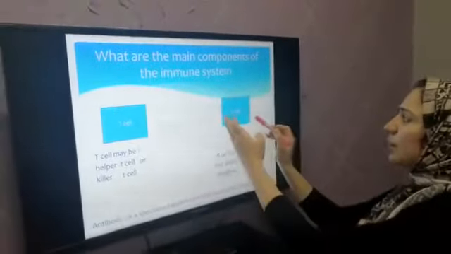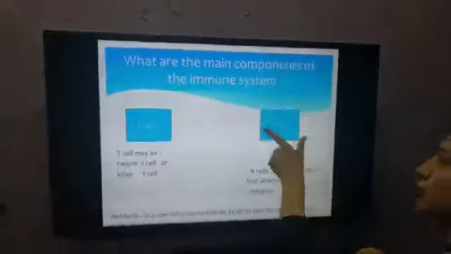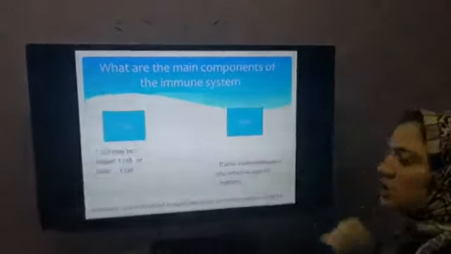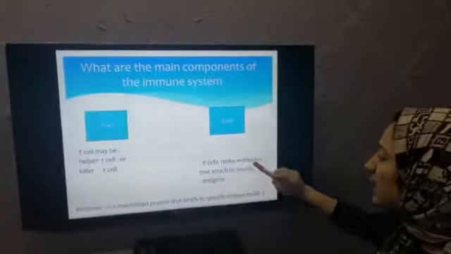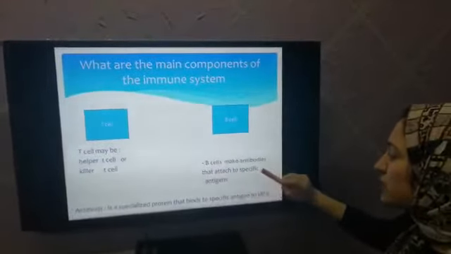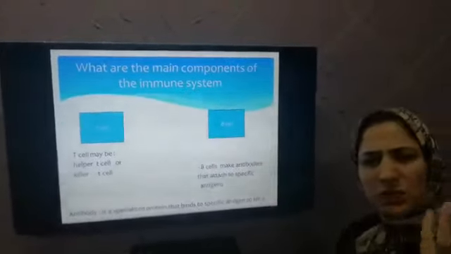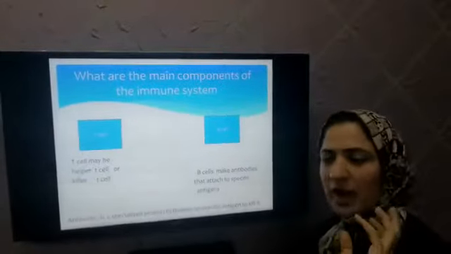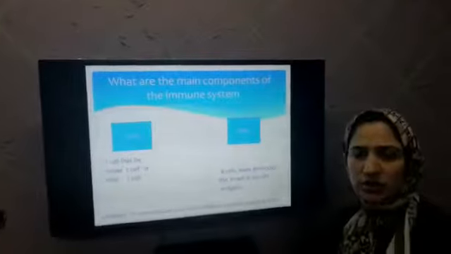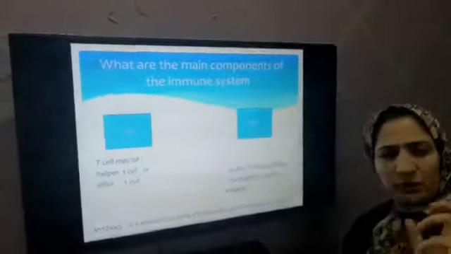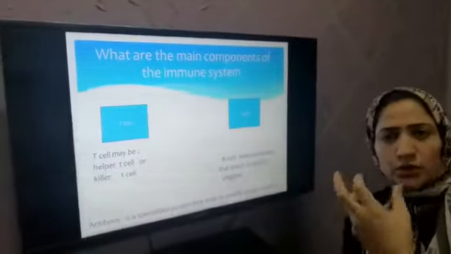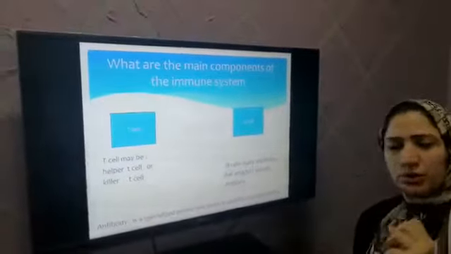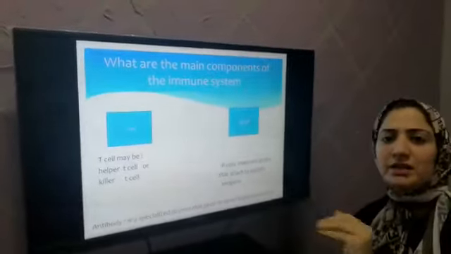Now, let's talk about B cell. What is the function of B cell which is found in the immune system? The function of B cell is to make antibodies that attach to specific antigen. What's meant by antibodies? Antibodies are the bodies which bind to the antigens, to the pathogen, to kill it.